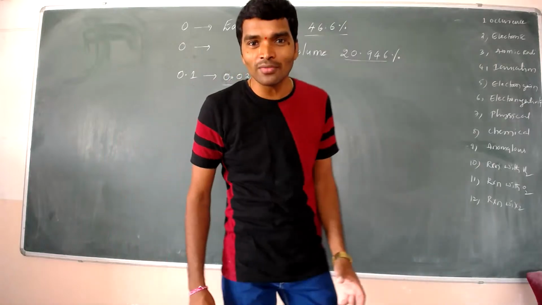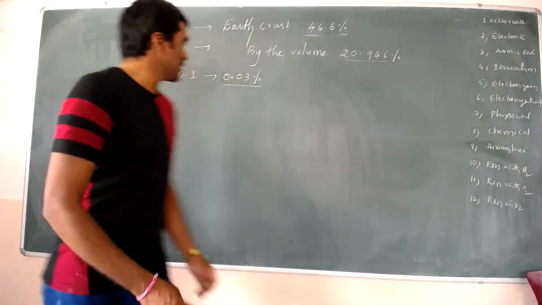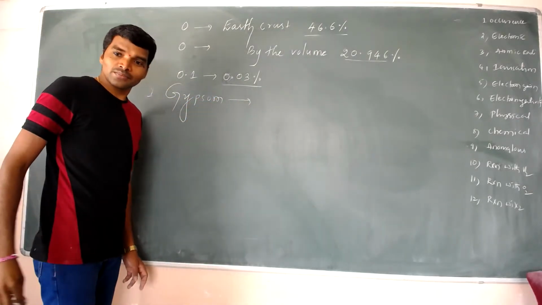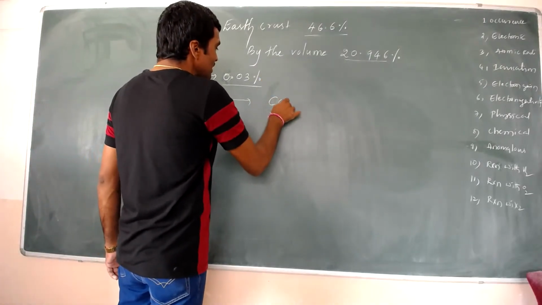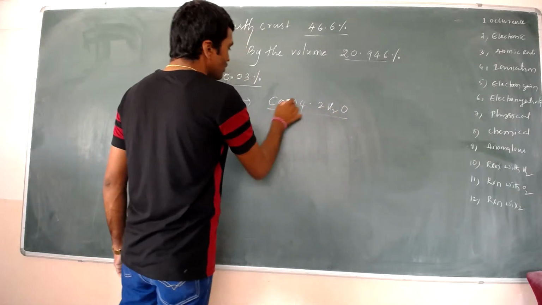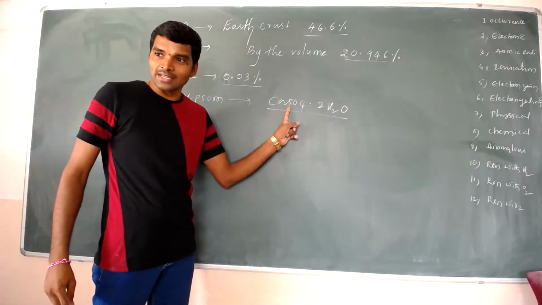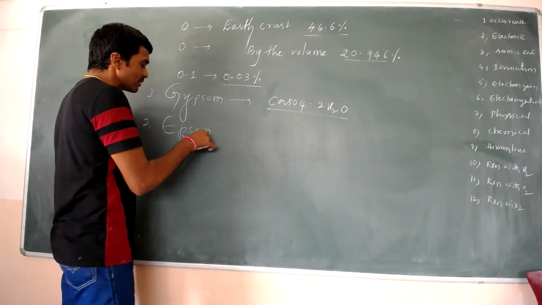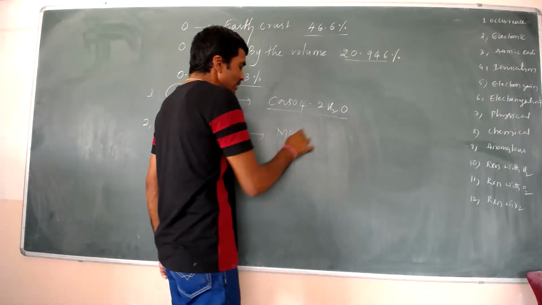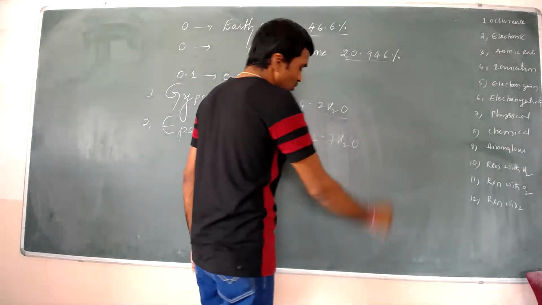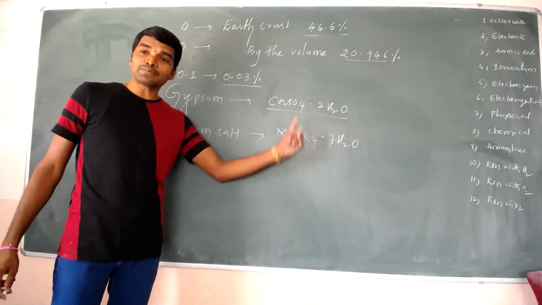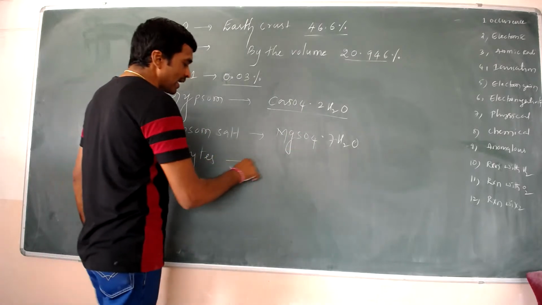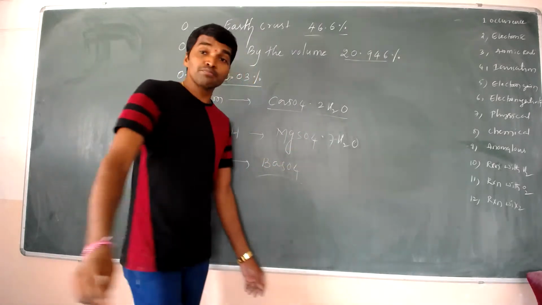First, gypsum, CaSO4.2H2O. Sulfur is also available as Epsom salt, MgSO4.7H2O, and as barytes, that is barium sulfate.